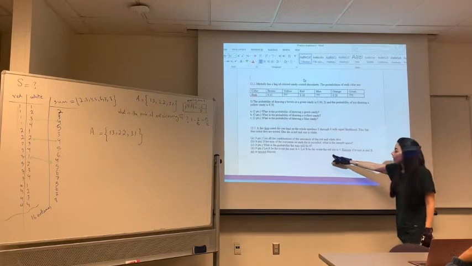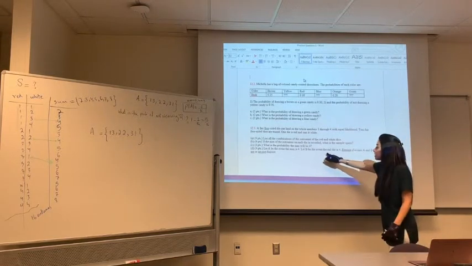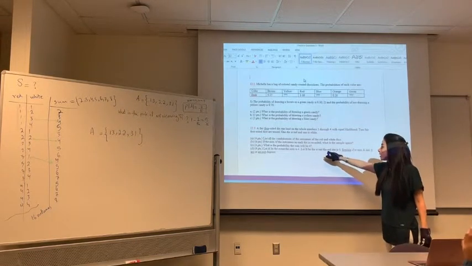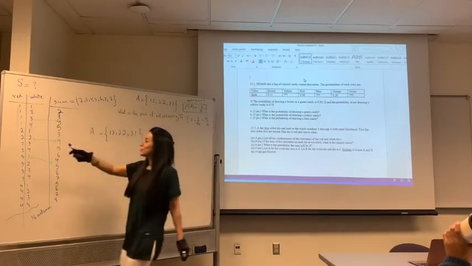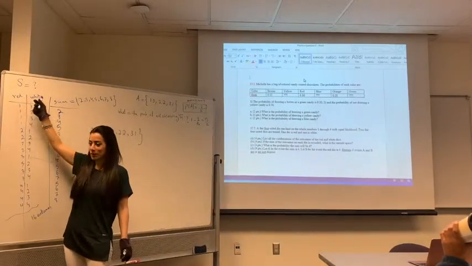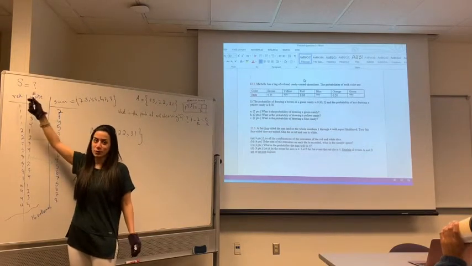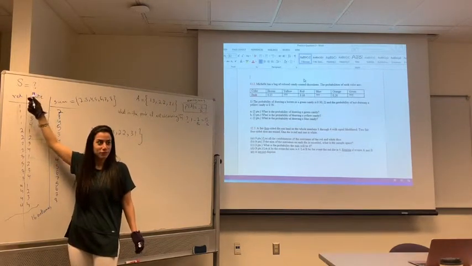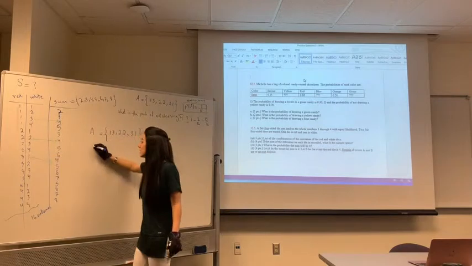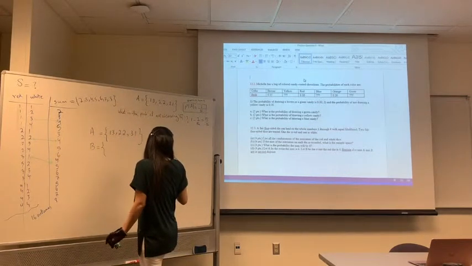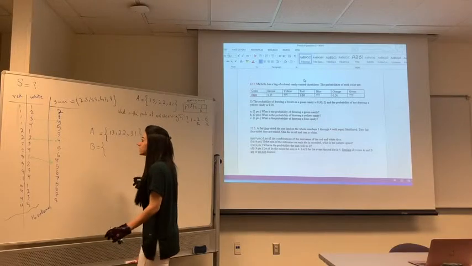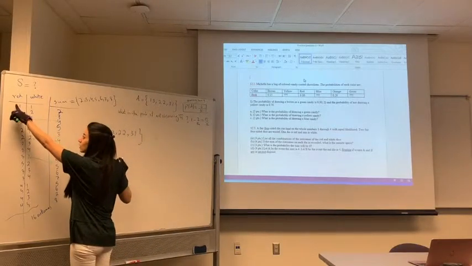It says let B be the event that the red die is 4. So now you are going to use these labels, dice 1, dice 2, or red die, white die.